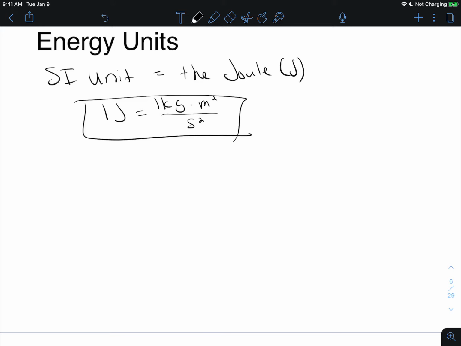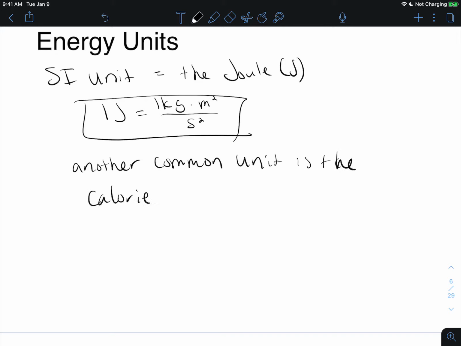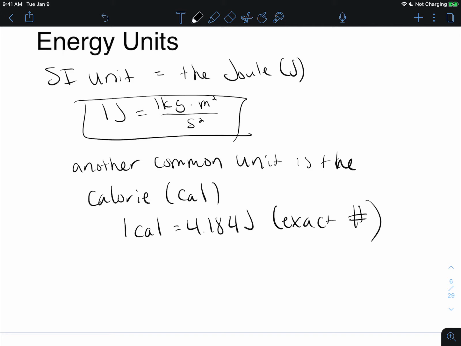And then another unit we use is going to be the calorie, which is abbreviated cal, where 1 calorie is equal to 4.184 joules, and this is an exact number. Okay?